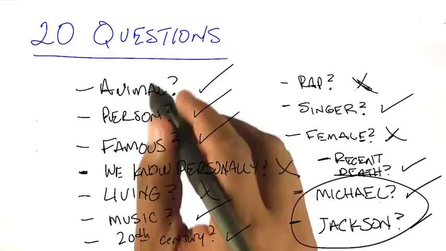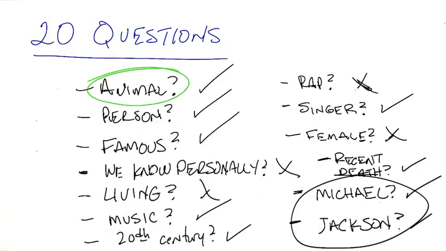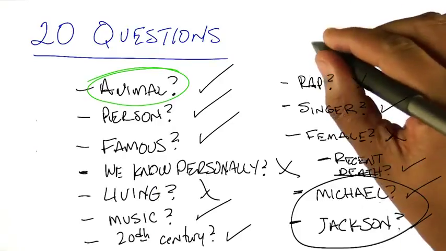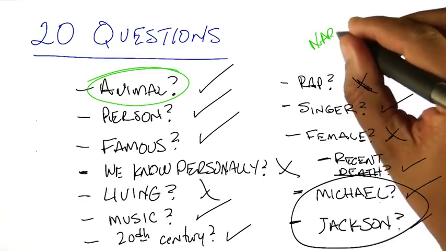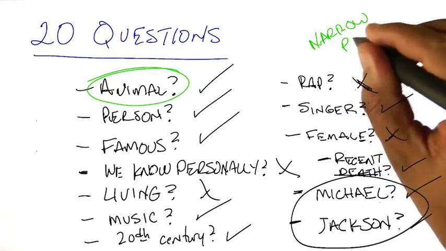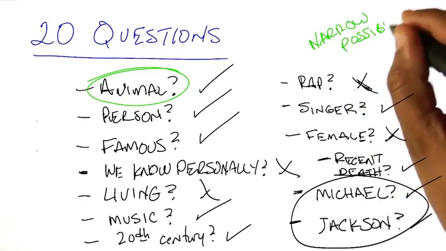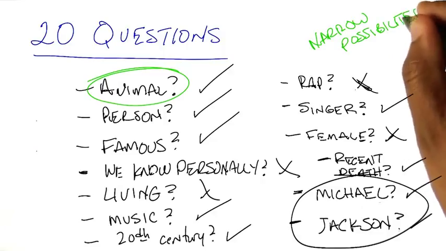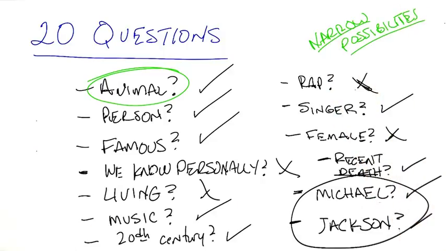Right. So animal was the first question, and it was because it narrowed things down. So your goal in asking questions was to narrow the possibilities, right? Sure. Right, because I only have 20 questions, and then I'm out of it. So if I had started with, is it someone named Michael, that would have been really bizarre. Right, and if the answer was no, it's not clear that it would tell you anything at all.